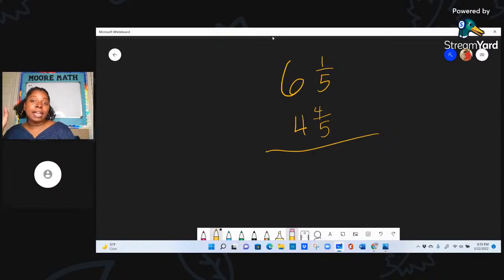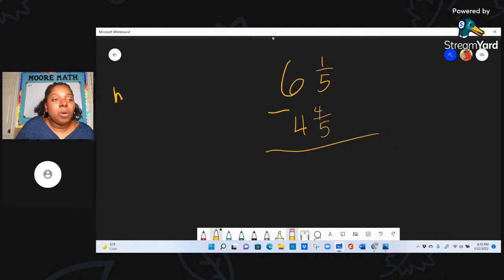So it's not adding. If they said how much did they sell altogether, then yeah, it'll be adding. But if they're saying compare it, how much more did you do on Friday than you did on Saturday? How much more? That's a keyword for subtraction. Okay. So how many more did you sell on this date than something else when you're comparing it?